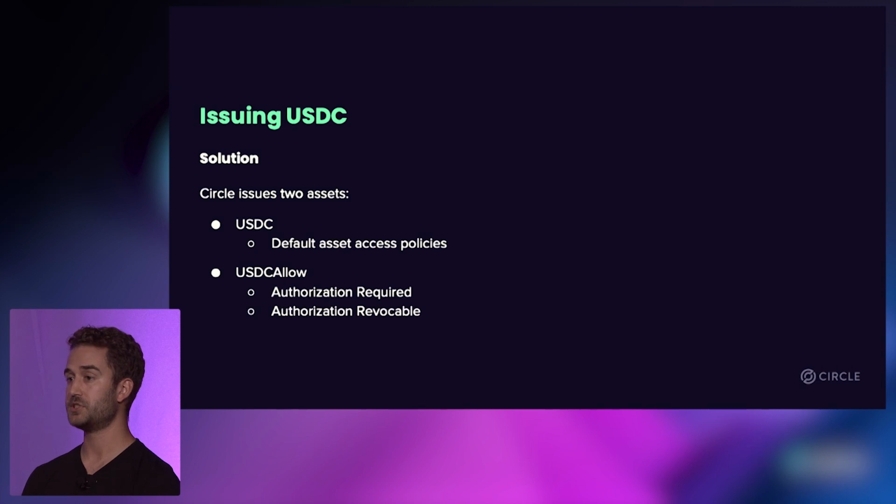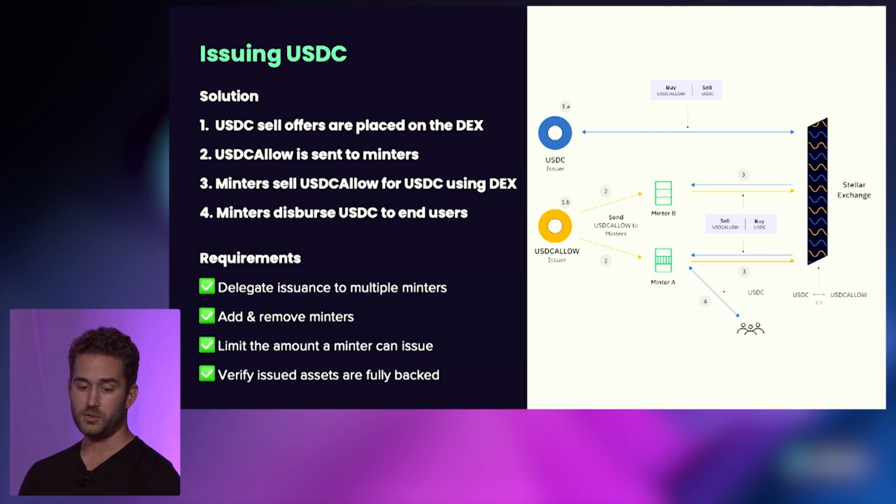So this allows them to have a predefined set of account owners that are allowed to hold this asset. And this asset plays a critical role in facilitating the issuance of USDC itself. On the right-hand side is a diagram of the flow of funds between USDC and USDC Allow. At a high level, there are four steps going on.